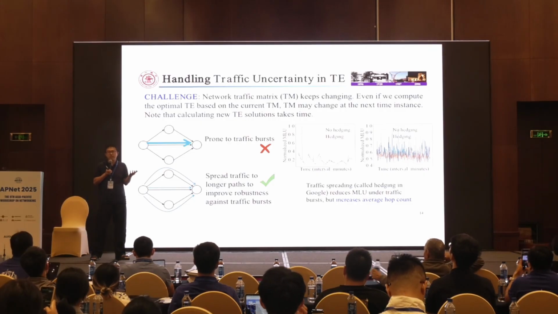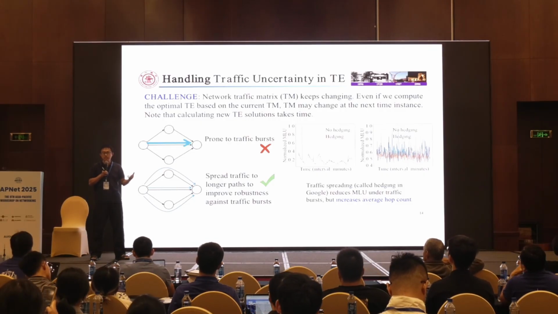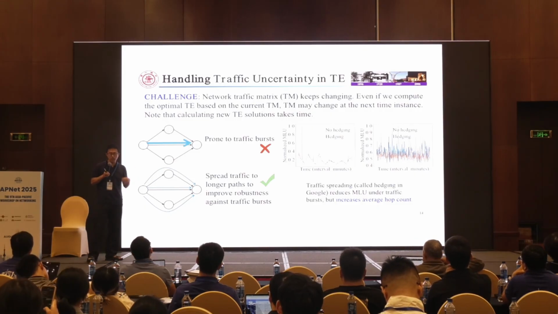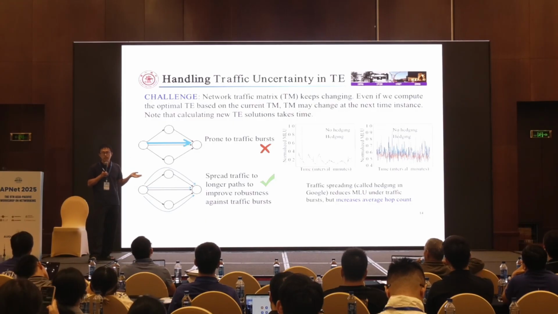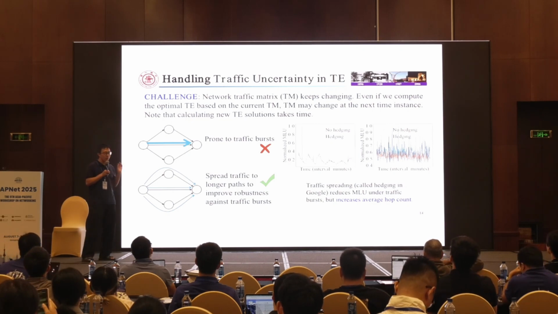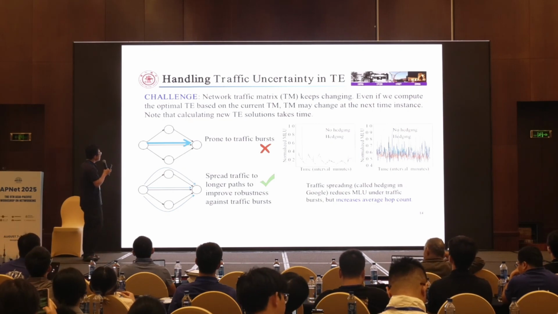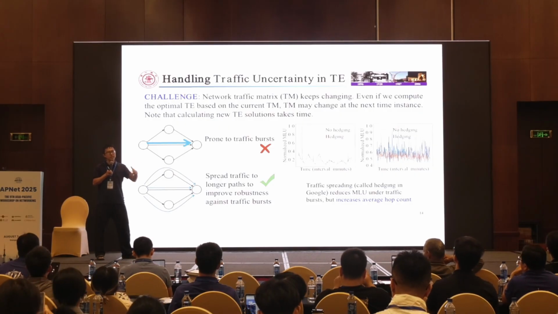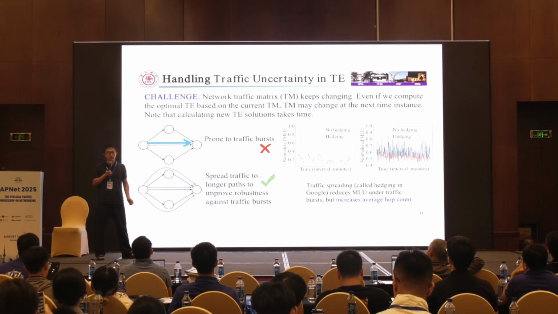But apparently, it is impossible to change the TE configurations every microsecond. For example, in Google's deployment, Google deploys traffic engineering in their data center, but they only do it every tens of minutes, at the hour level. So this means that your traffic engineering should be able to tolerate these traffic bursts.